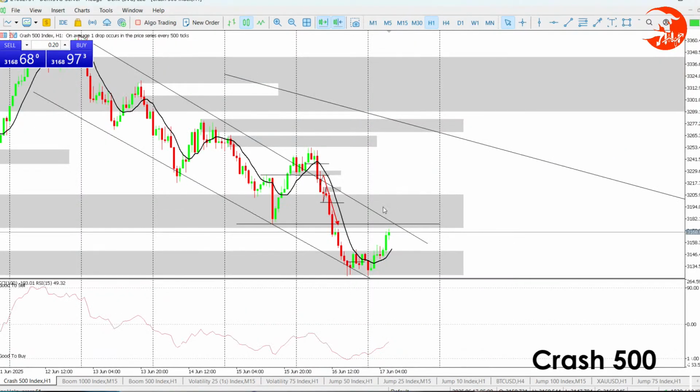So let's just go back a bit to H1. So now that we have already seen all this, we can delete everything right here, right there, and try to clear up the chart.